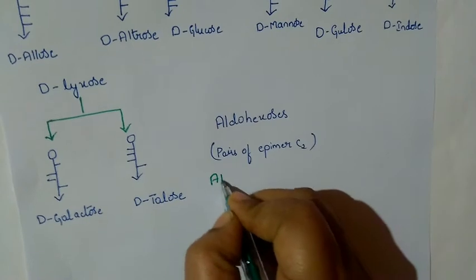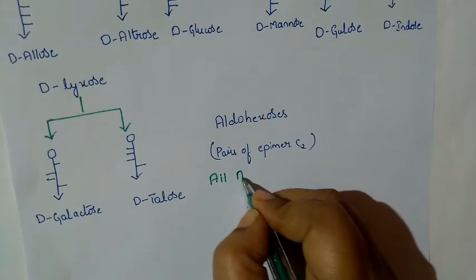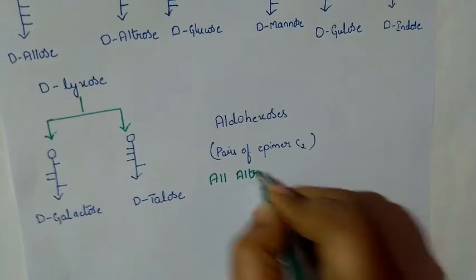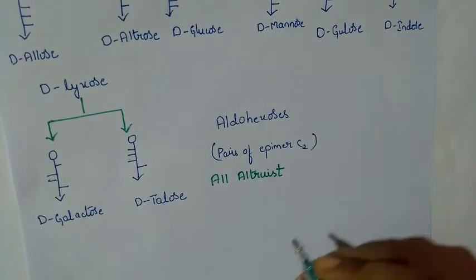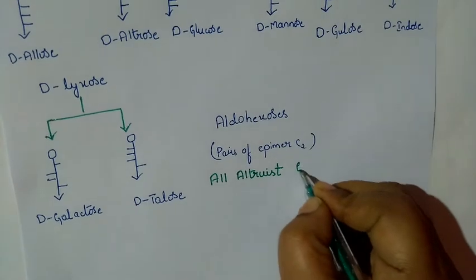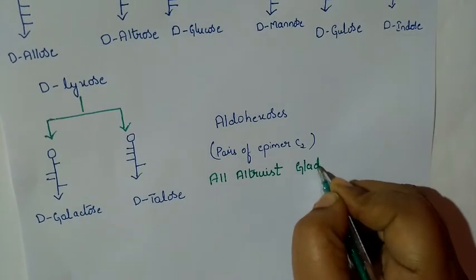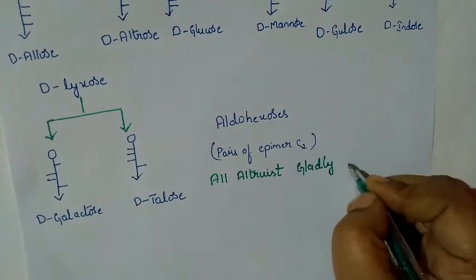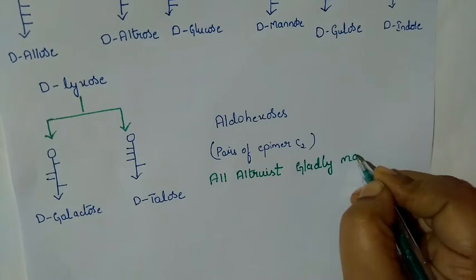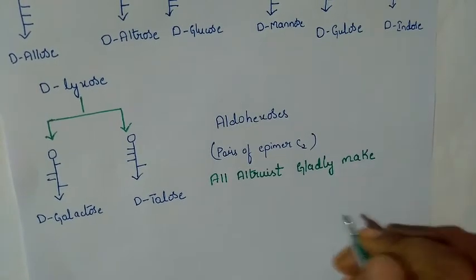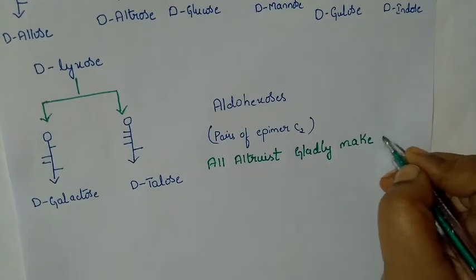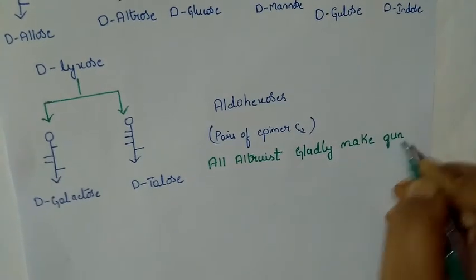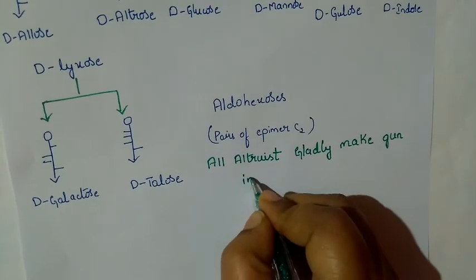The sentence starts with: All altruists gladly make gum in gallon tanks.